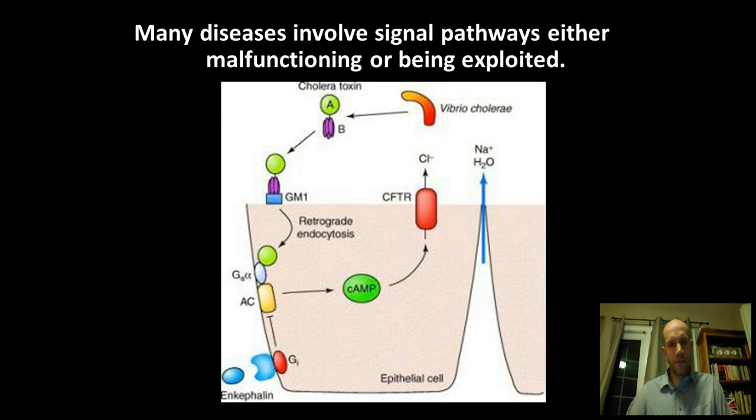This causes a huge amount of water to move into the intestinal tract, the lumen of the intestine, causing severe diarrhea and allowing the cholera pathogen, the bacterium, to spread itself through the fecal-oral route. So this way, the cholera bacteria releasing the cholera toxin is actually exploiting a pre-existing pathway within human intestinal cells.